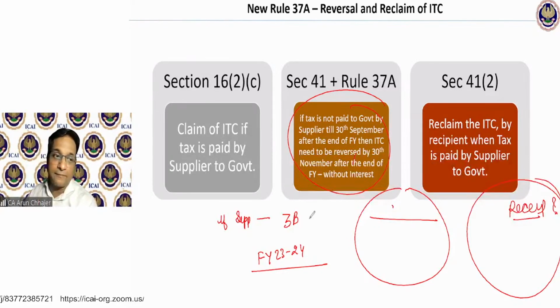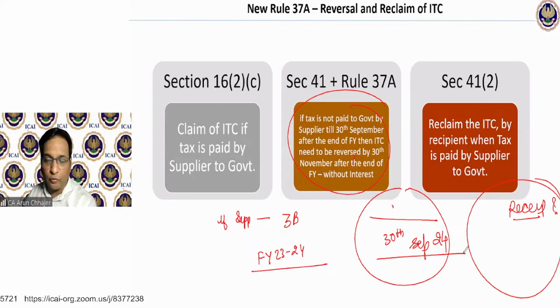Yes, absolutely correct. The filing of 3B is till 30th September. In my example, I can say till 30th September 2024.